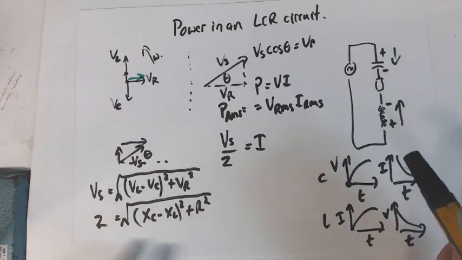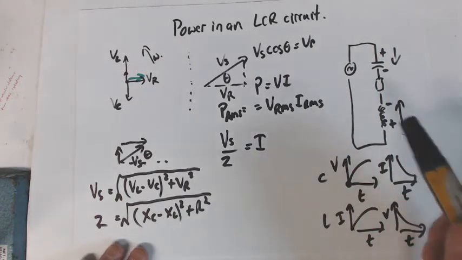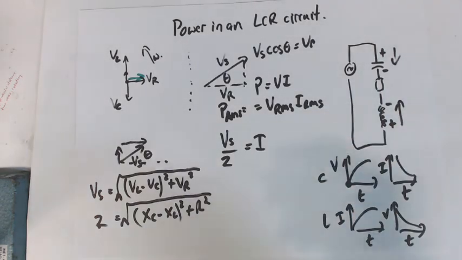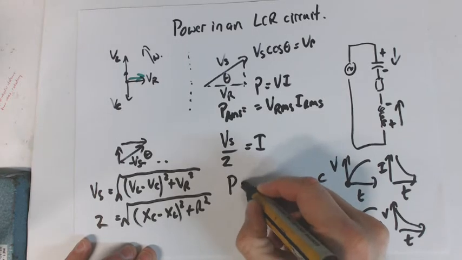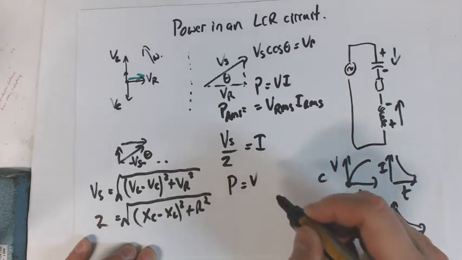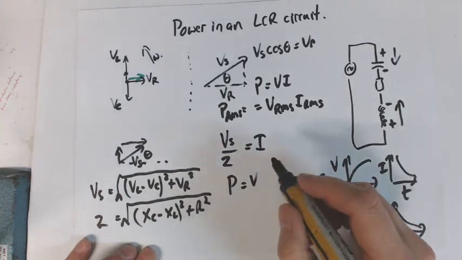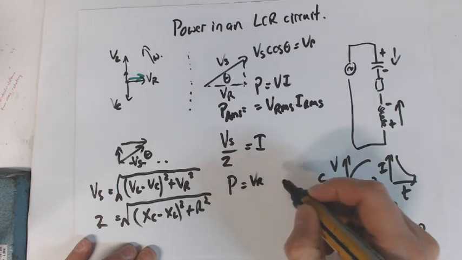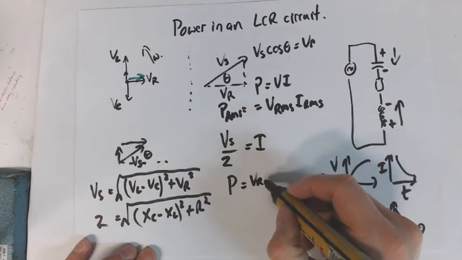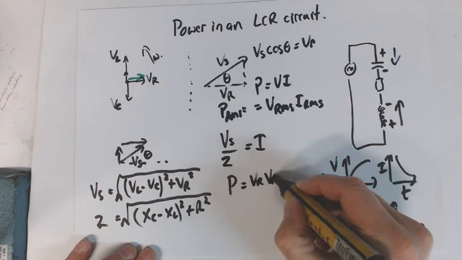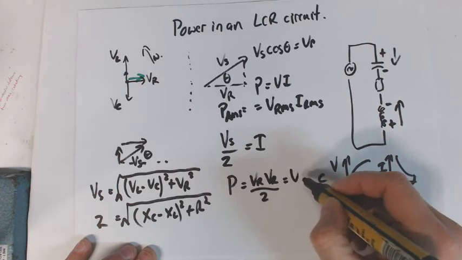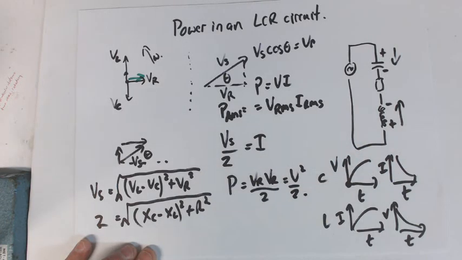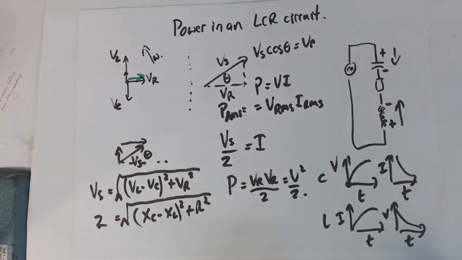If we use RMS, we could say power equals V RMS times I, which is Vs RMS over Z. So V squared over Z, which we're well used to. So that's power in an LCR circuit.